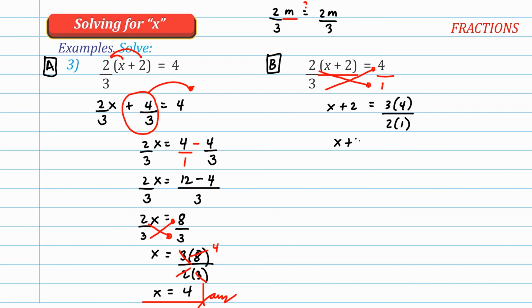So x plus 2 is equal to 4 divided by 2 is 2. It's 6. Correct? And then transpose plus 2. Transpose mo na to. Phew! We now have x is equal to 6 minus 2. X is equal to 4. Amazing! This is another way of doing this.